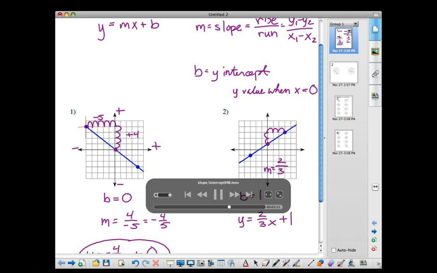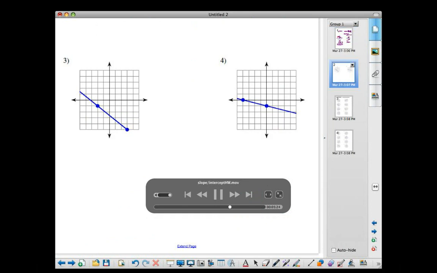Example 3. My y-intercept seems to be midway between 2 markers on the y-axis. It's also a negative number because it's below the x-axis. So my line crosses the y-axis at about negative 2.5.